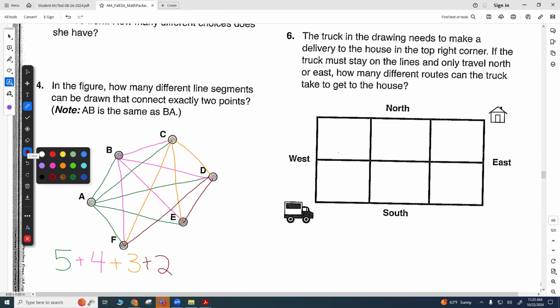And then there's only 1 connection left. Five plus 4 plus 3 plus 2 plus 1, 15. So that's what I got when I add up the 5 numbers.